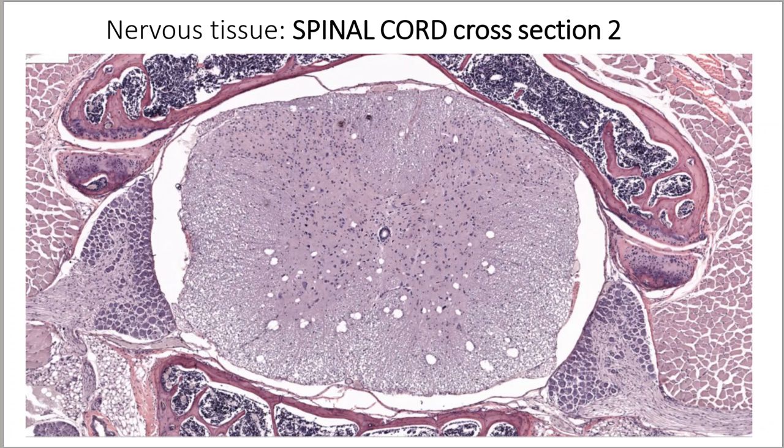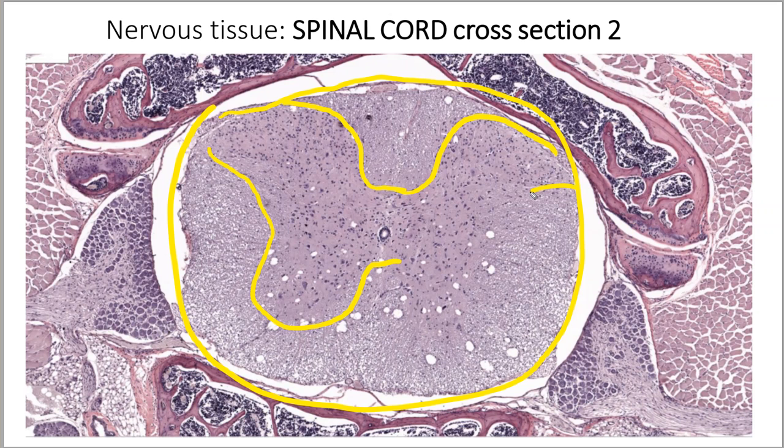I want to review for just a second the picture we already saw of a cross-section of the spinal cord, right? Here's your spinal cord, and there is kind of a butterfly inside like this. This is your gray matter, and out here is your white matter.